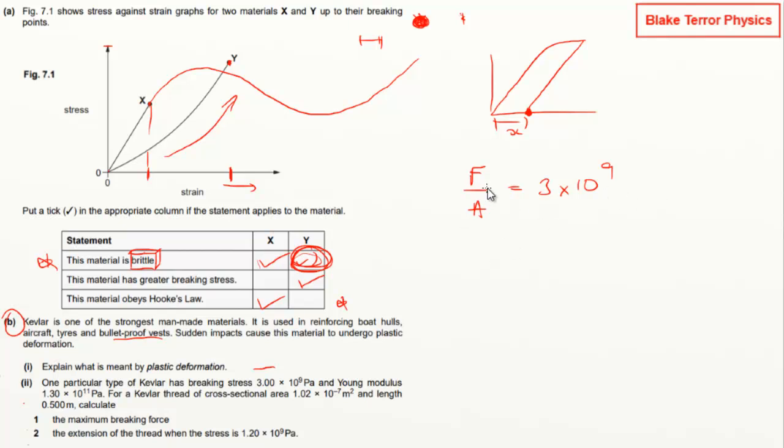So if we get rid of our area there, multiply that by 1.02 times 10 to the minus 7, then we're going to have our breaking force. Breaking stress is the 3 times 10 to the 9, so that'll give us our breaking force. So 3 times 1.02 is 3.06, and then we've got times 10 to the 2. We are operating at 3 significant figures here, so that's going to be fine, saying that we've got 306 newtons.